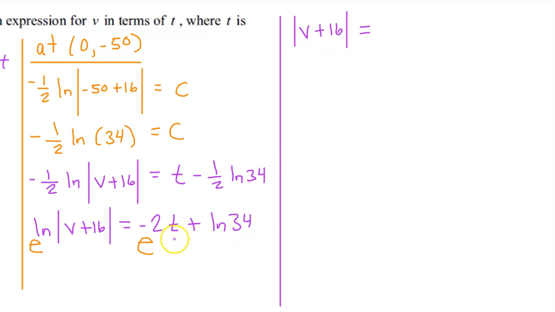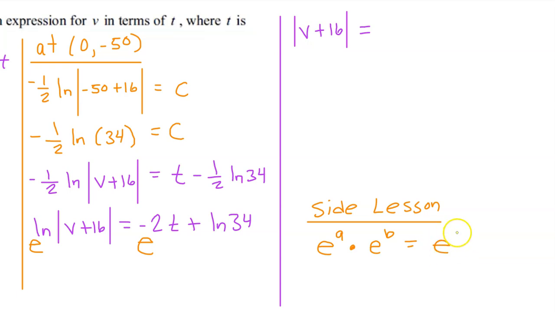I need to give a quick side lesson to remind you how I'm going to simplify this. I'm noticing that we have a base e, and then somewhere in the exponent we also have a natural log. To simplify, we need to get these next to each other. So here's the quick side lesson. We know that e to the a times e to the b would be e to the a plus b. But this is reversible.